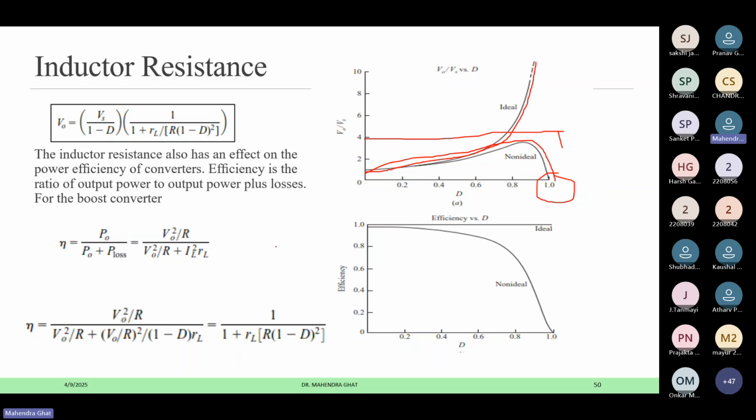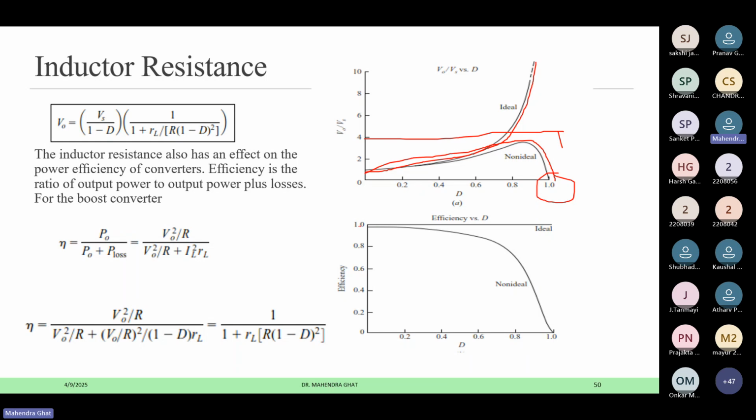So this is the non-ideal inductor we have considered, and with that we are getting this type of output voltage, which does not go to infinity but goes to 0 as D reaches 1. Similarly, if we calculate the efficiency graph, of course there are a lot of losses, that's why this graph is happening here.